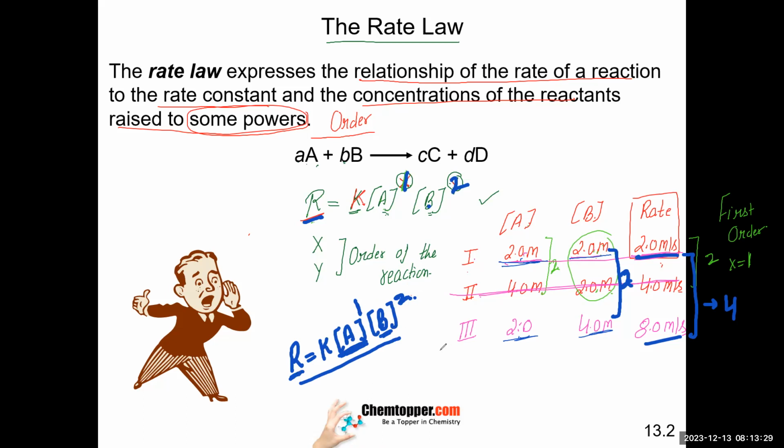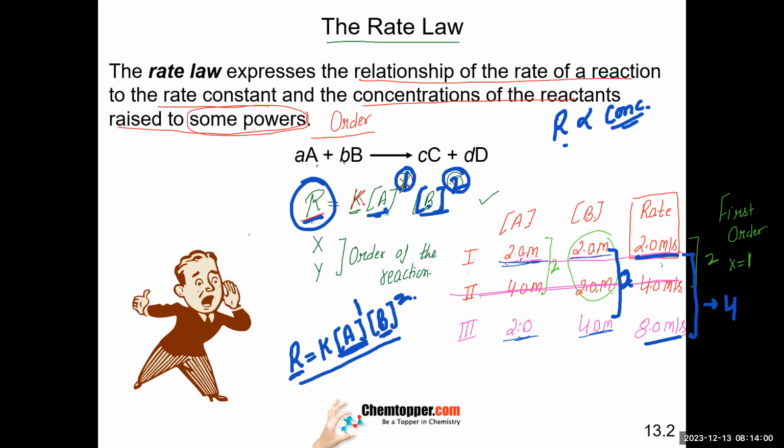So order means how many times the rate is affected by changing the concentration of the reactant. You know that rate depends on the concentration, right? Higher concentration, higher rate. So how these rates change with the change in concentration of A and B depends on the order. That's the meaning of the order.